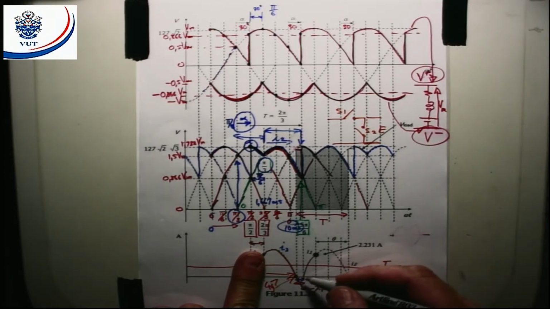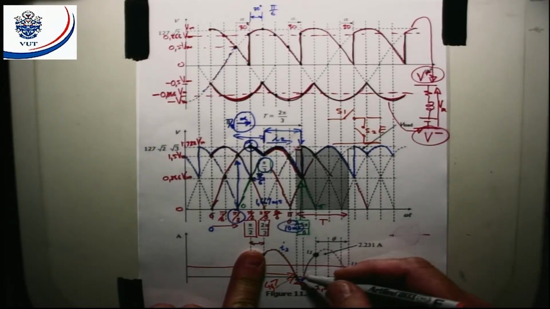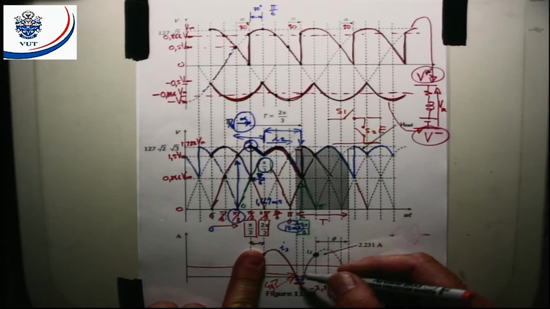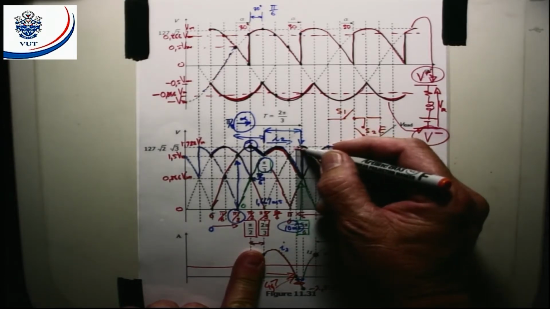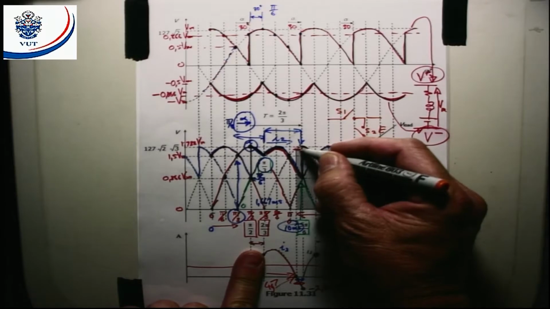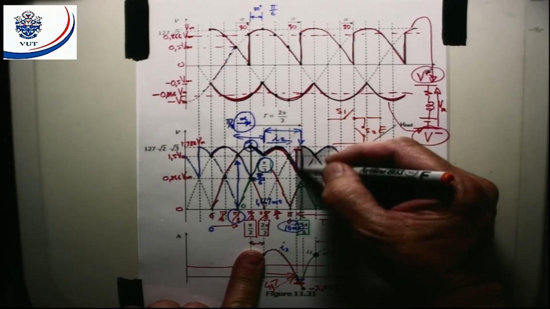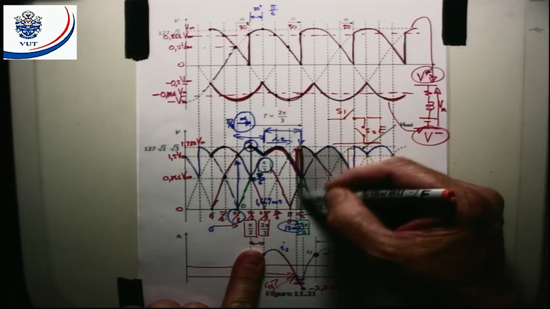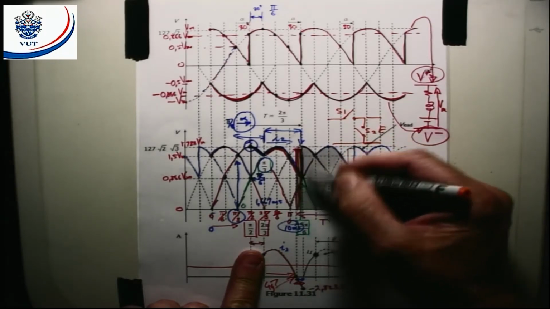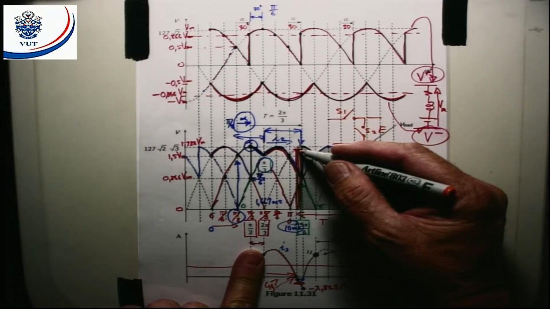What remains is 0,3 milliseconds of having an E voltage over the motor. And that's why I have this area there, because both switches are open.